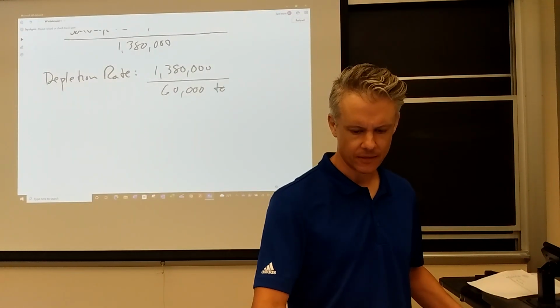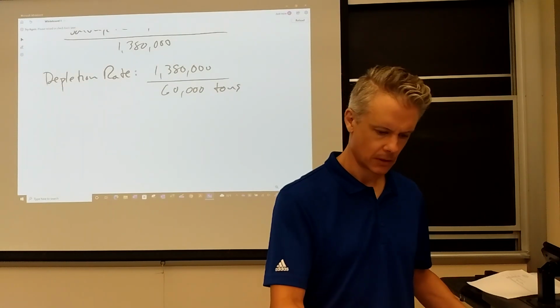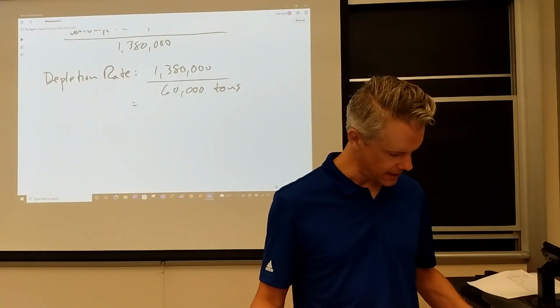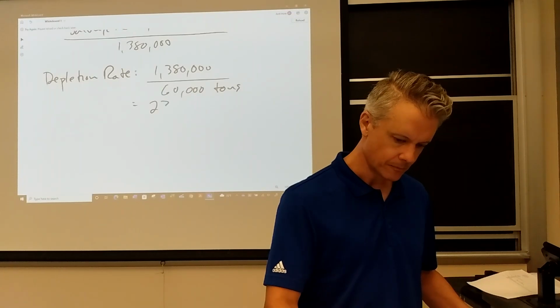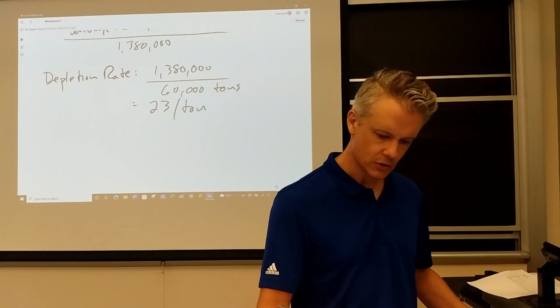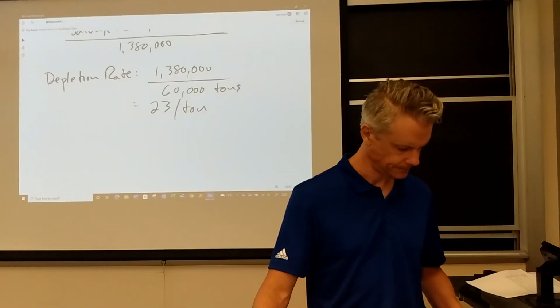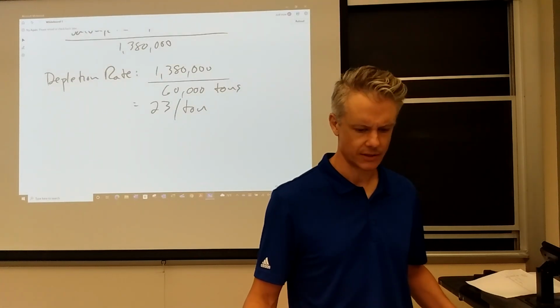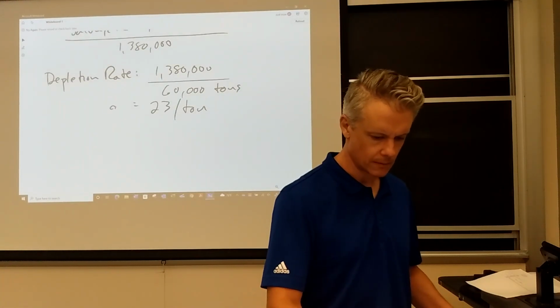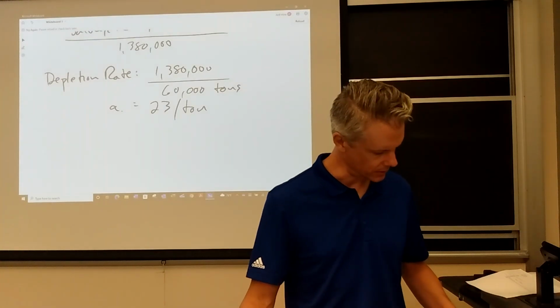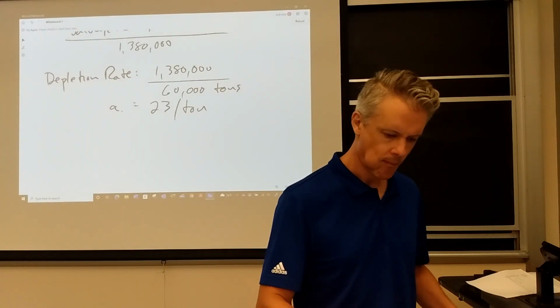This was 60,000 tons. So our depletion rate is going to be equal to $23 per ton. This is our answer to A. The per unit material cost, $23 per ton.